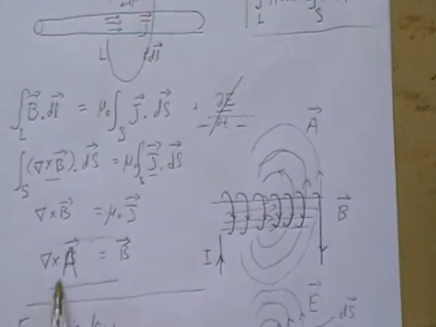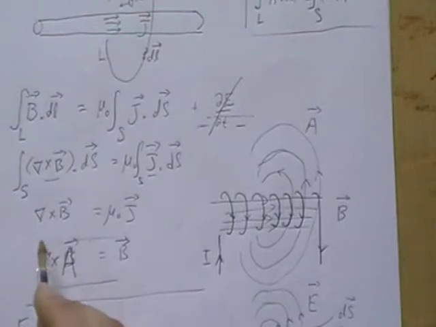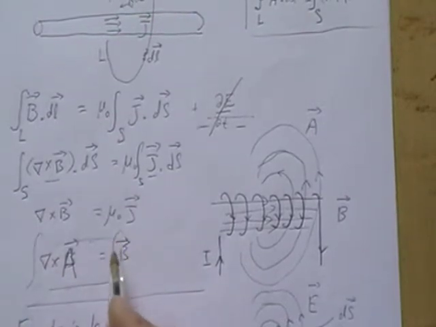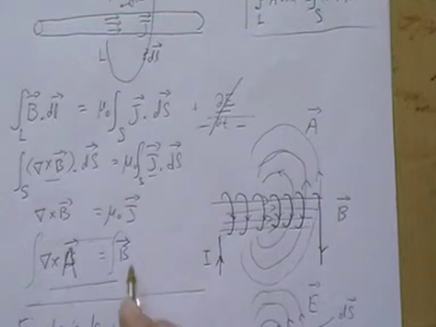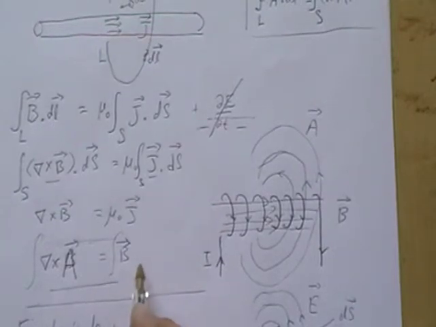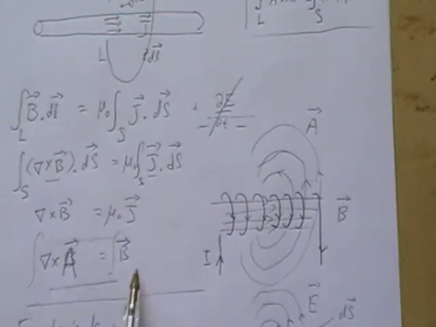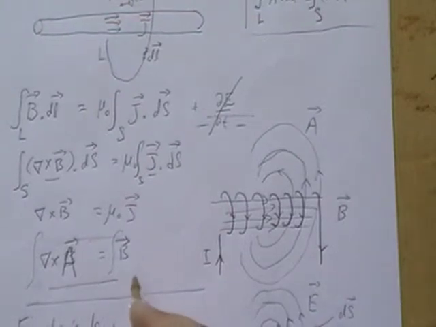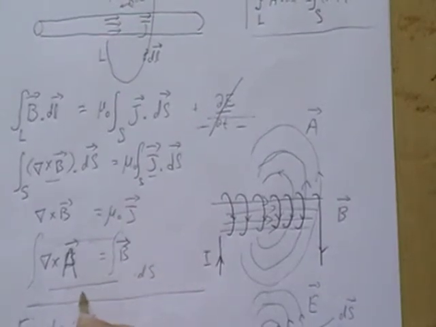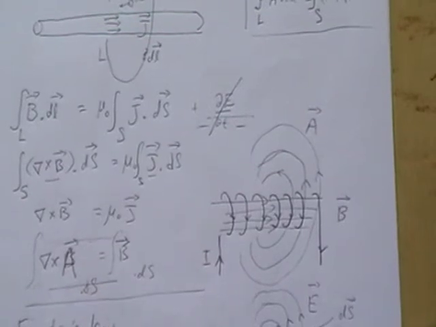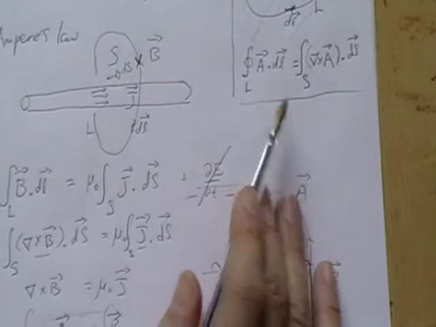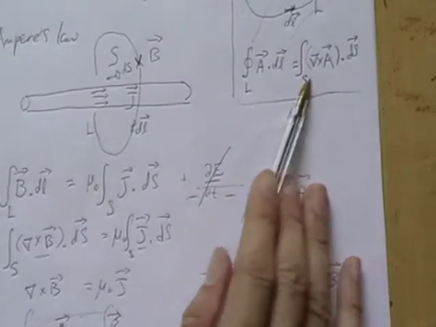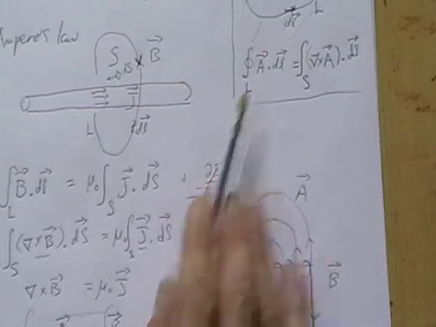Now first I would take this and I would integrate the two with respect to ds. So dot ds here and dot ds there. And the curl of A dot ds is the same as A dot dl.